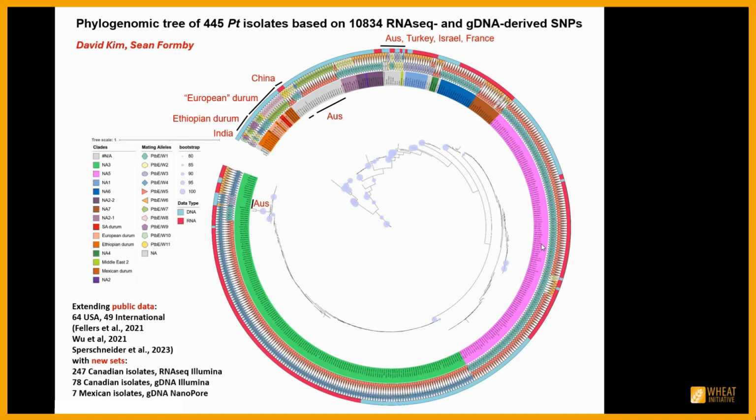So as I mentioned, several groups, including Jim Kolmer and Brent McCallum and Xiben Wang before, and also other people in other places in the world, in Australia and South Africa, have looked at how these isolates relate to each other using phylogenetic analysis, initially using SSRs and AFLPs, as I mentioned.